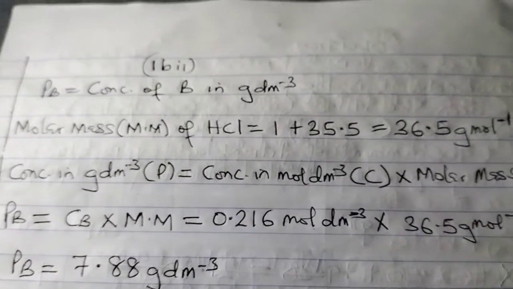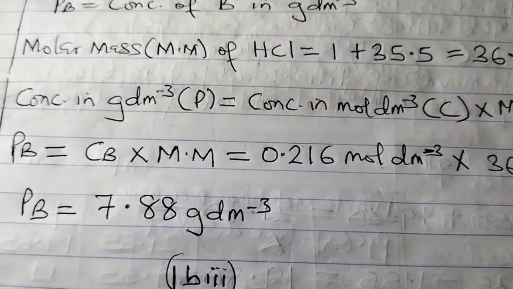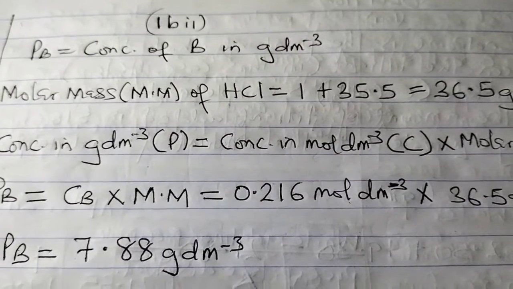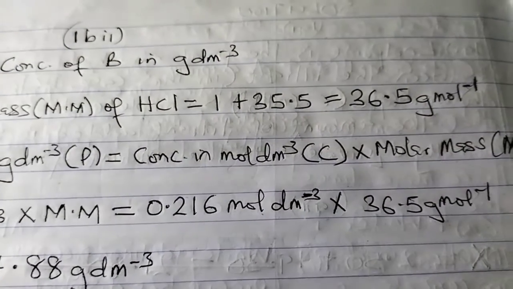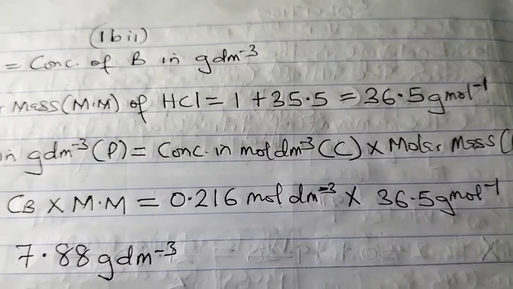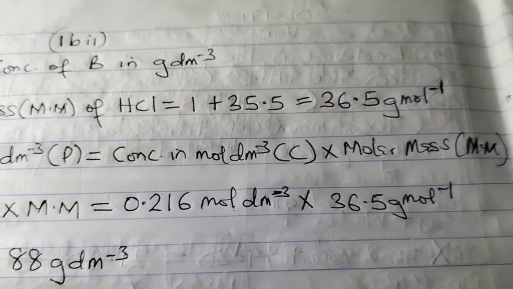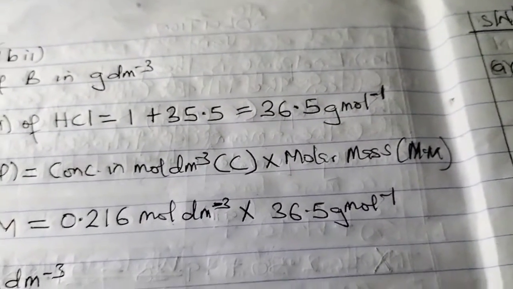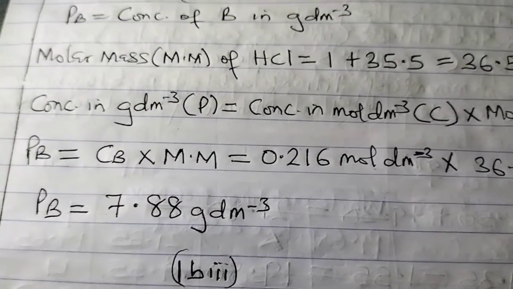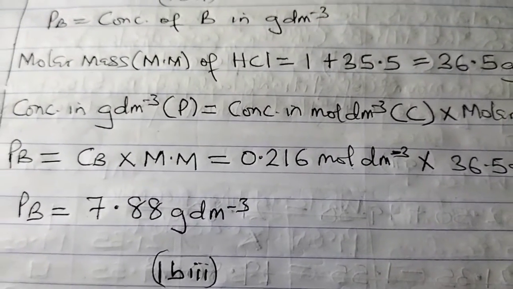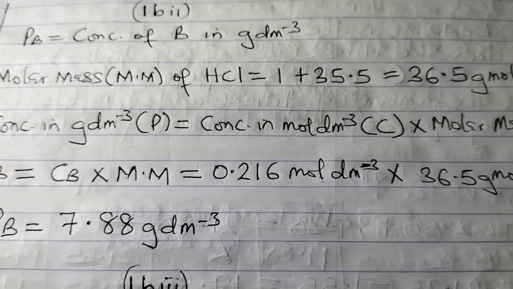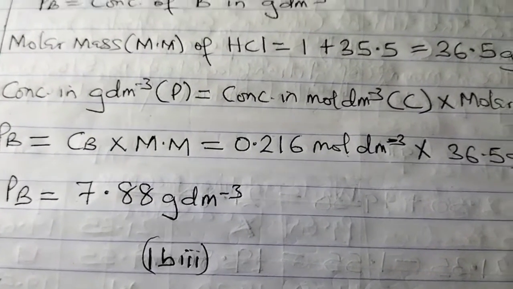So now the molecular mass of HCl. Then the concentration in gram per dm cube, which we call rho or P, is equal to the concentration in mole per dm cube, which is C, times molecular mass, MM. So PB becomes CB, the concentration in mole per dm cube, times MM, which means molar mass. Then substitute the values.